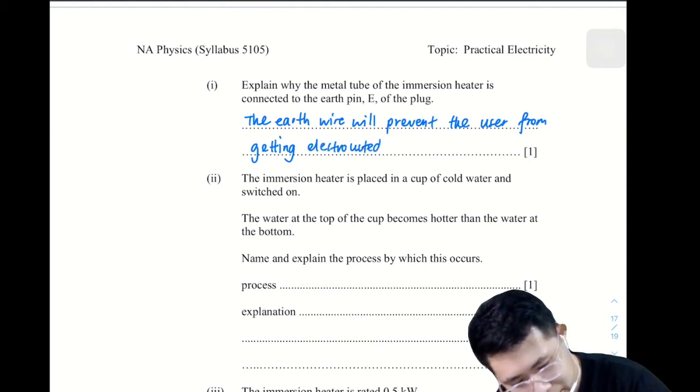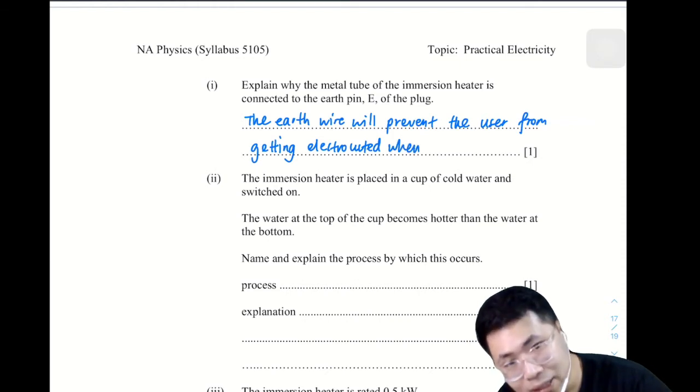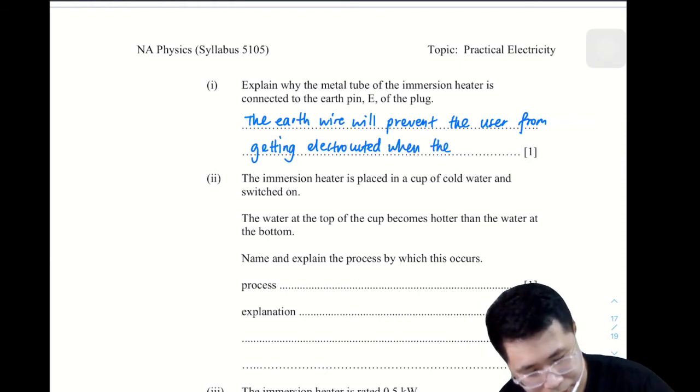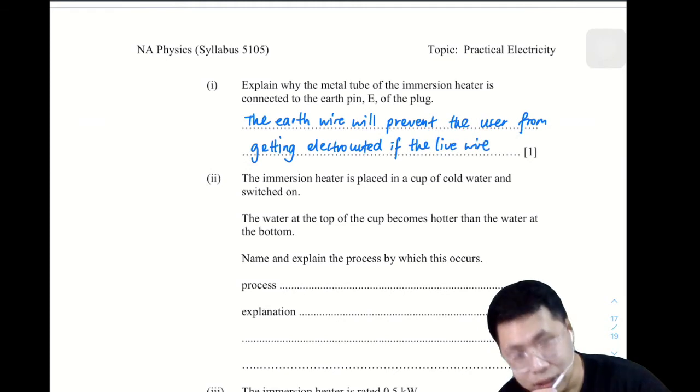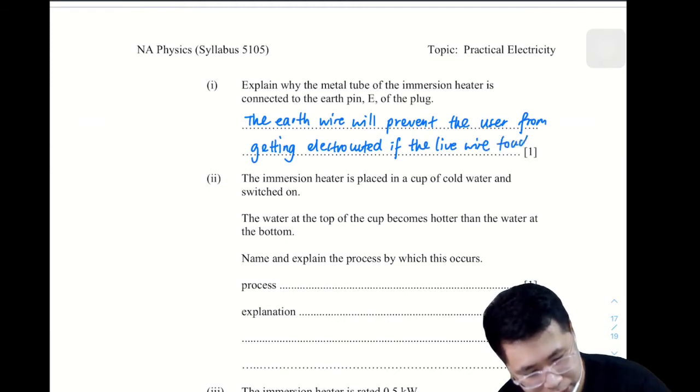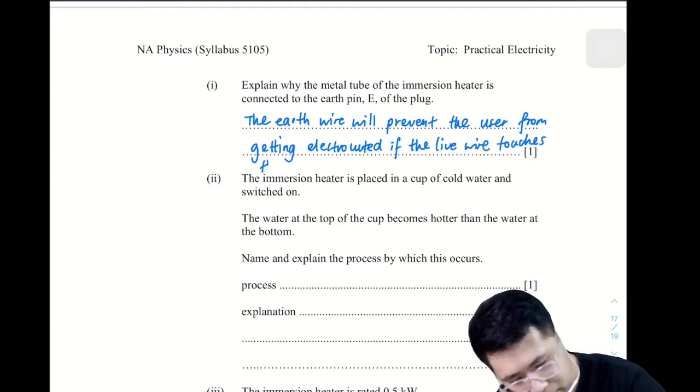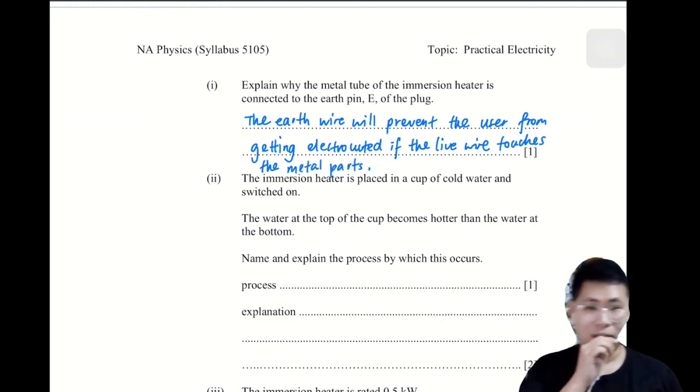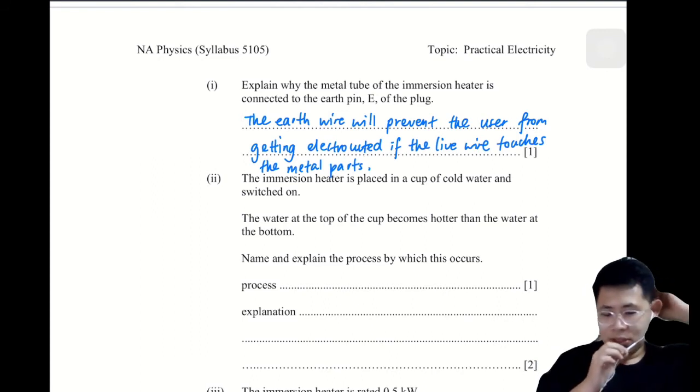And when will this happen? If the live wire touches the metal parts, there's no case, so touches the metal parts. Okay, so that's part 1.